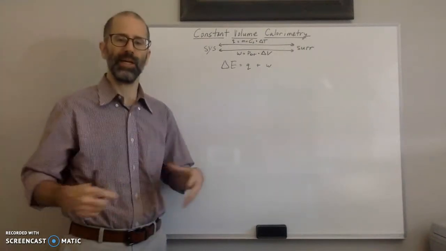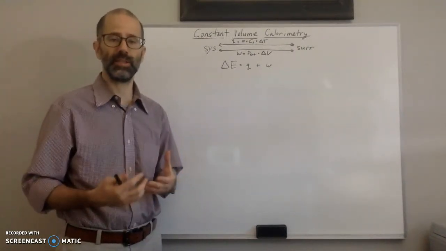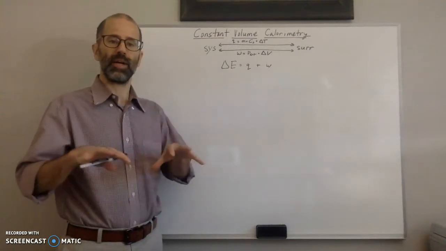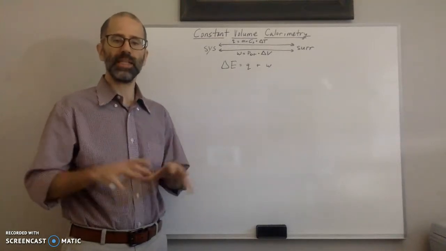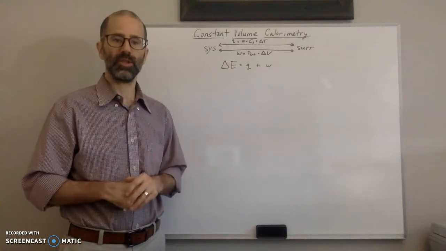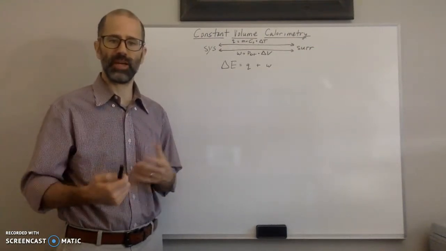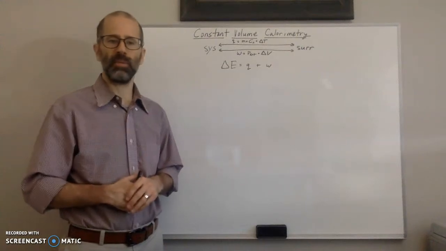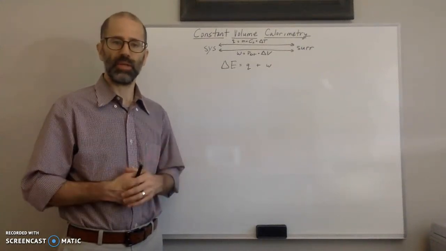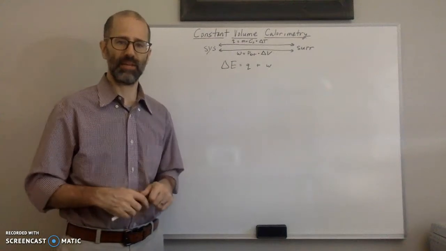You're going to isolate a certain reaction. The reaction is our system, and what a calorimeter does is it really narrows or focuses what the surroundings are. So whenever you're given a problem that involves a calorimeter, the assumption is going to be that no heat is lost to the surroundings outside of the calorimeter.